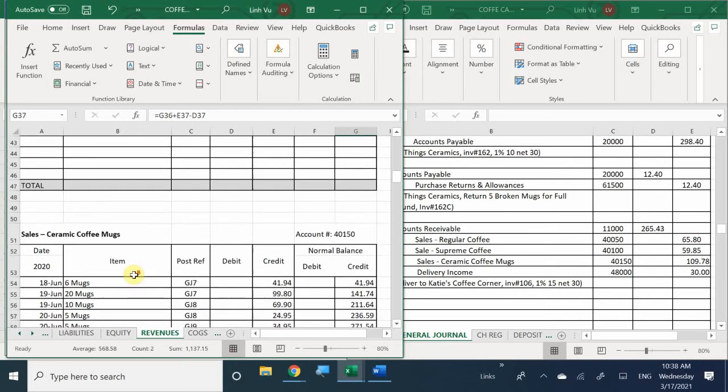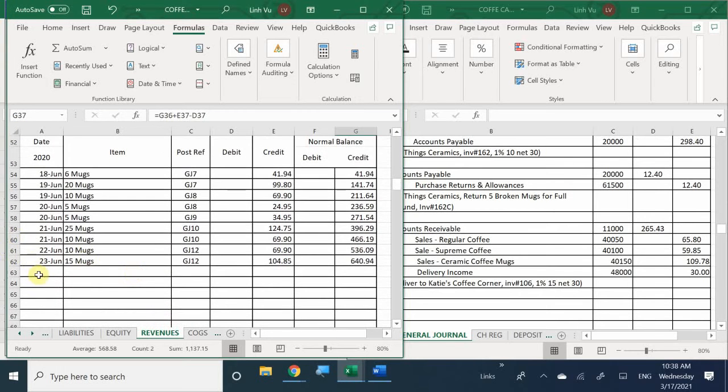How many coffee mugs did I sell to Katie? 22. You sold 22 to her, so 22 mugs at a total cost of $109.78. Okay.